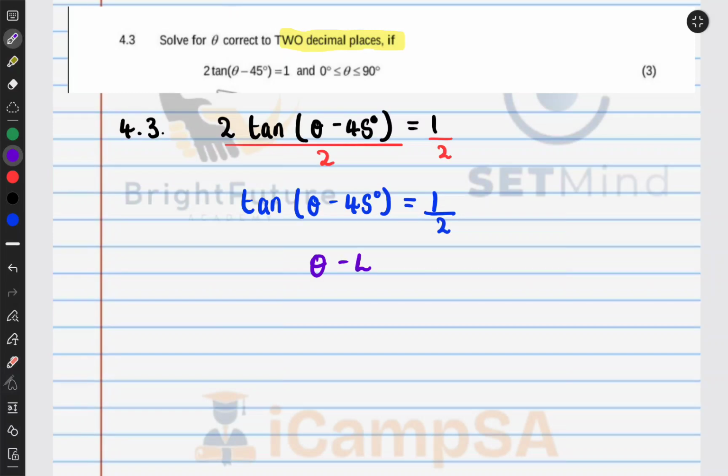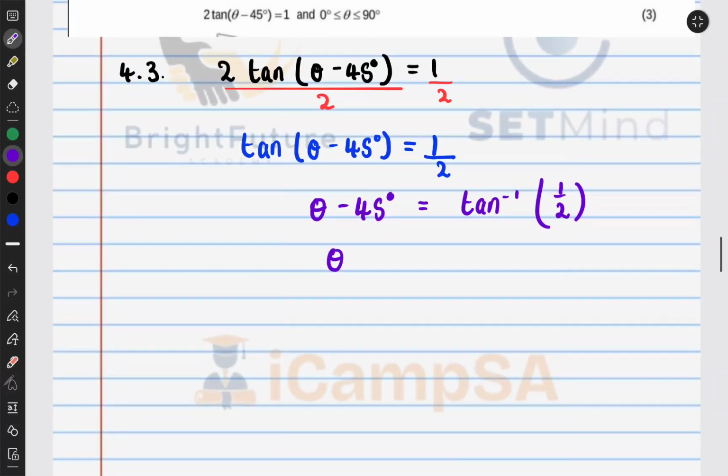Theta minus 45 degrees is equal to tan inverse of 1 over 2. What is tan inverse of 1 over 2? That is 26.57 degrees.